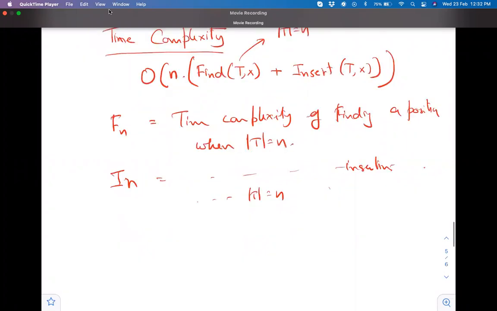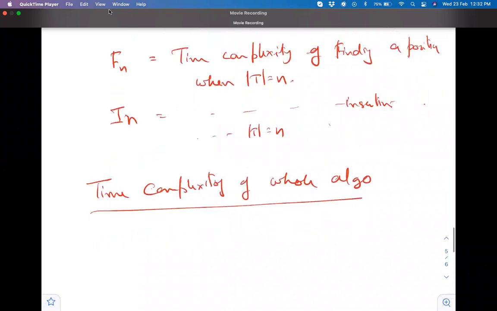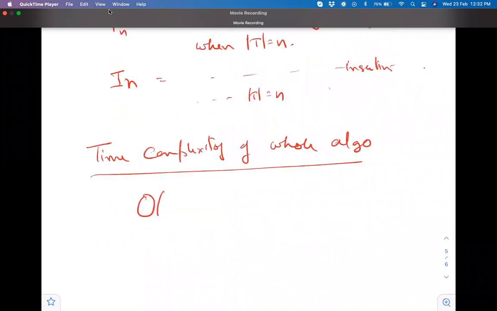Then the time complexity of the whole algorithm is order of n into F of n plus I of n.